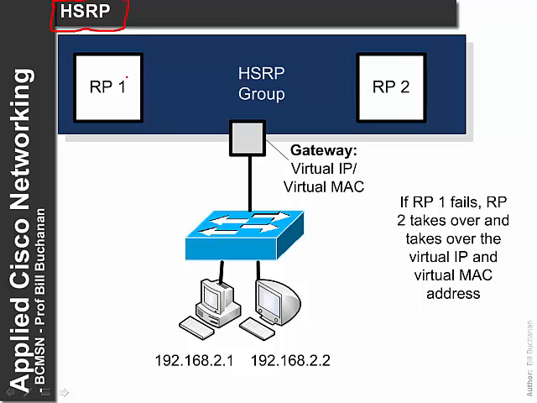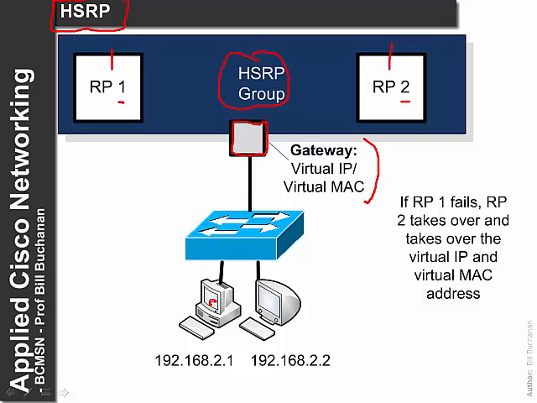With this, we create an HSRP group. So we can see here that we have two RPs, 1 and 2, and then these are grouped inside a single HSRP group. Then we define a virtual IP address and a virtual MAC address for our gateway.